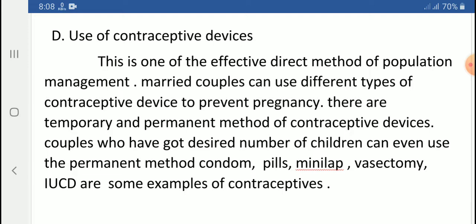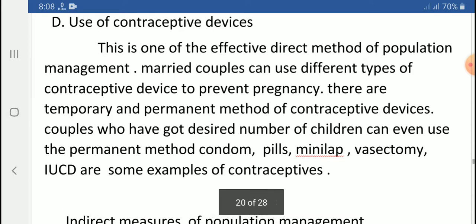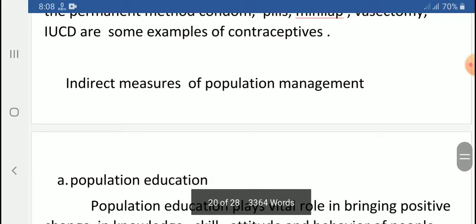Condoms, pills, Minilab, vasectomy and IUCD are some examples. Don't get confused: only Minilab and vasectomy are permanent methods, and condoms, pills and IUCD are temporary methods of contraception. So this is about direct measures.